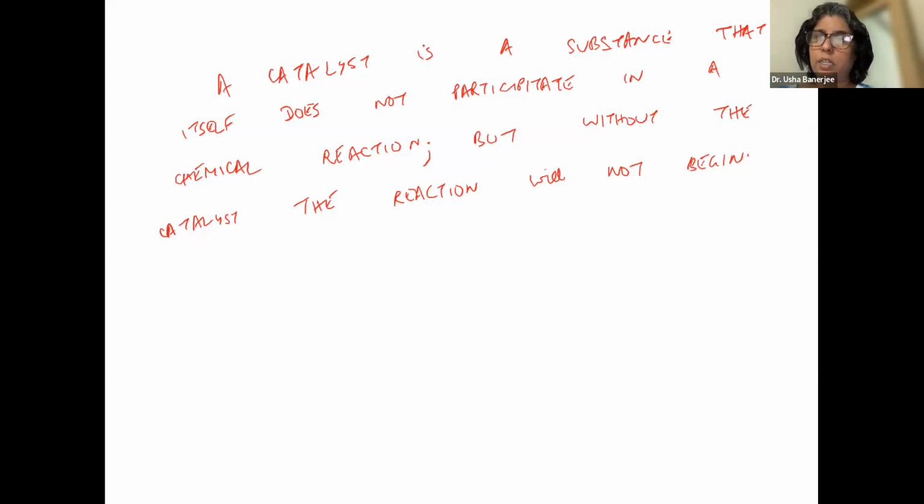Understood catalyst? Till class 10, you will know that the catalyst does not take part in a reaction. But when you come to class 11 and 12, you will understand that the catalyst does take part, but at the end of the reaction, the catalyst comes back to its original form. That you will do in class 11 and 12.